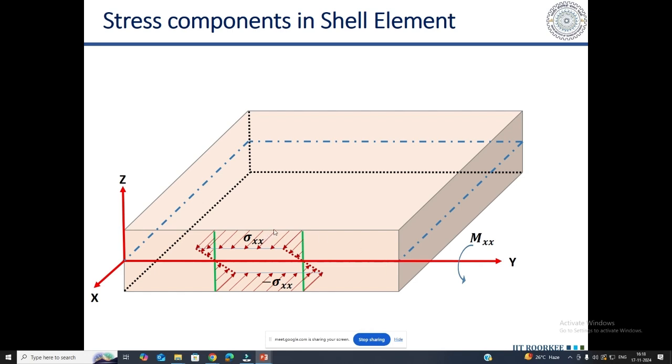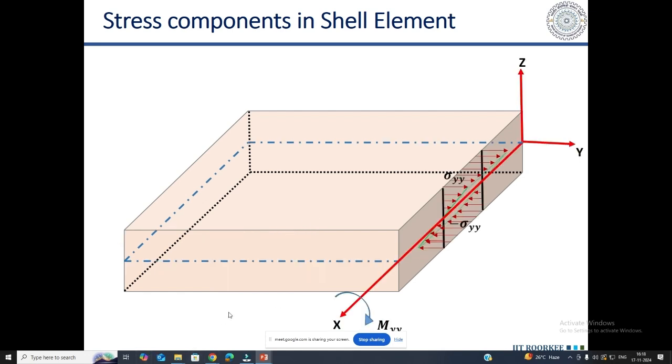So you get normal stresses in the x plane and along the x direction. Then next we have applied moment about x axis. But it will lead to the stresses in y plane and in y direction. That's why we will call this moment myy, not mxx.